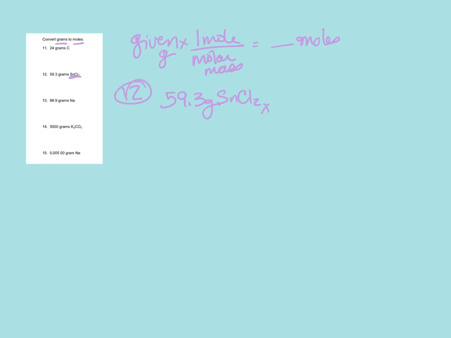And then our 1 mole over the molar mass, which tin plus 2 chlorides is 189.61. So grams cancel, and we get 0.313 moles of tin chloride.